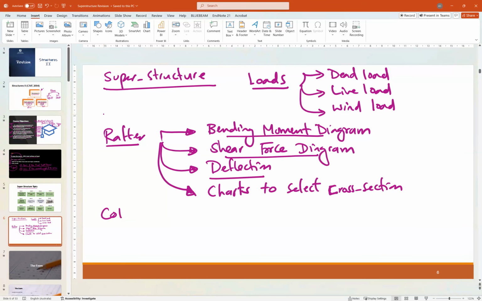For the column, we need to know how to find the load, dead load and live load and so on, on the column.